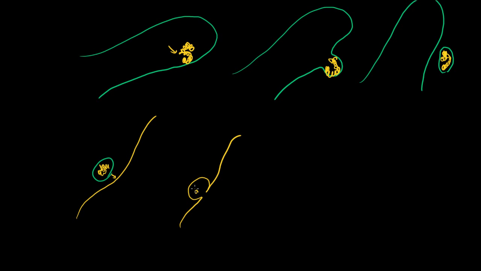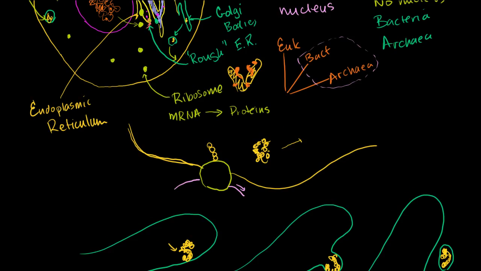It merges with the membrane, your protein inside. I switched colors arbitrarily. But now, once it merges with the membrane, the protein can exit the actual cell, or maybe it can embed itself within the outer cellular membrane, which I drew very thin, but it has 2 layers to it, and we'll talk more about that. I could probably make a whole video on it.